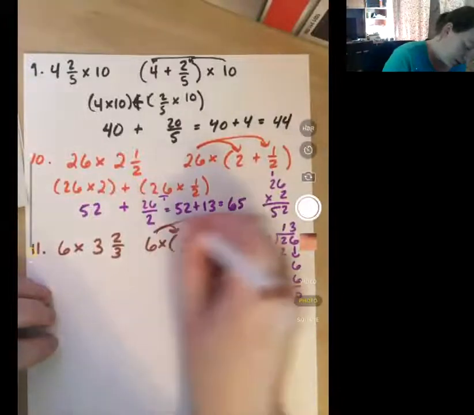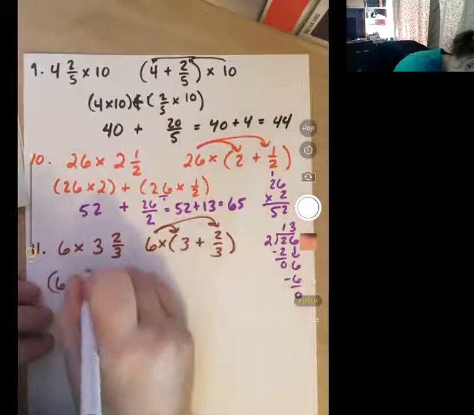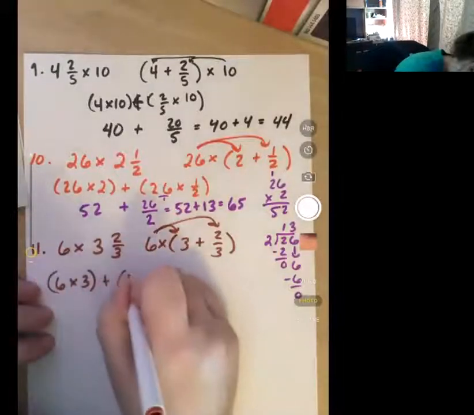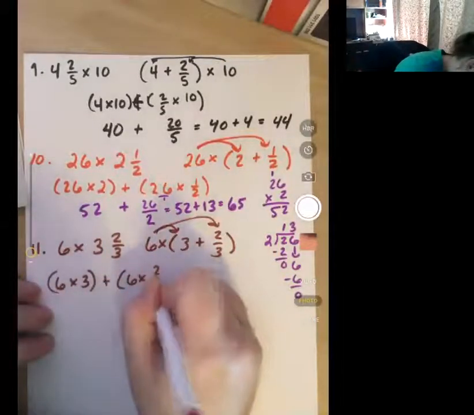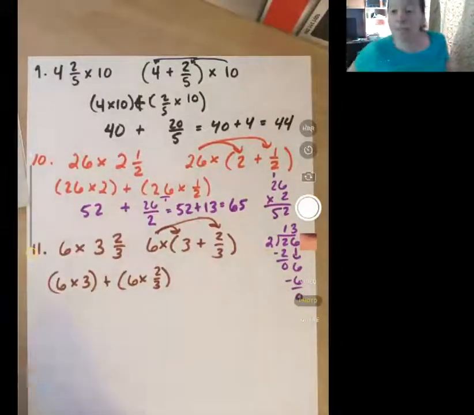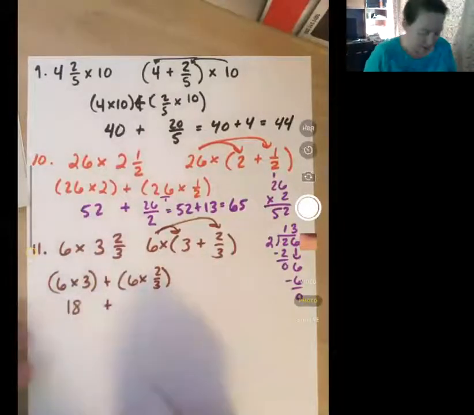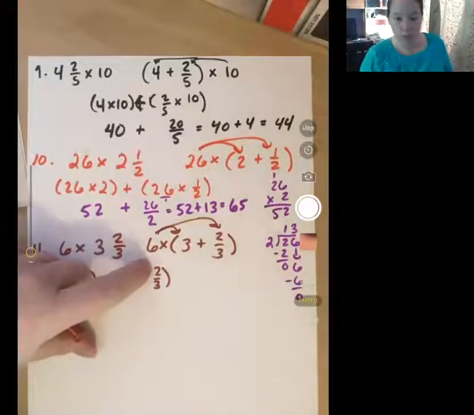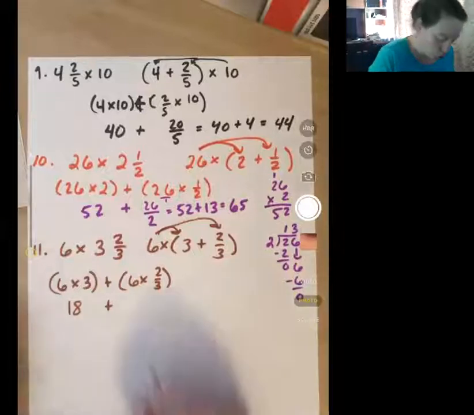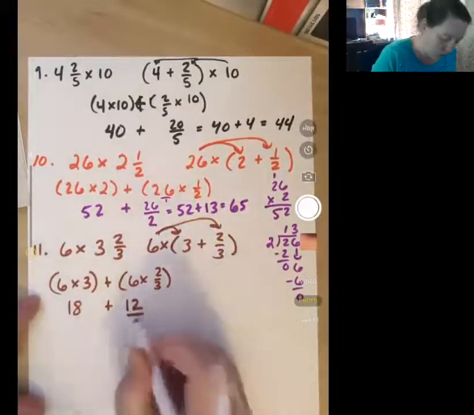Now I can put it to both of them. And I have 6 times 3 plus 6 times 2/3. 6 times 3 is 18, plus 6 times 2, which is 12, over the 3.